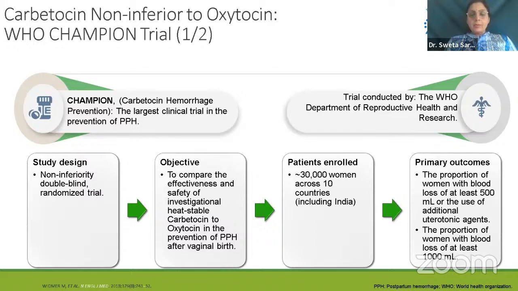Around 30,000 women across 10 countries, including India, were included. The proportion of women with blood loss of at least 500 ml or the use of additional uterotonic agents was evaluated. Next slide.